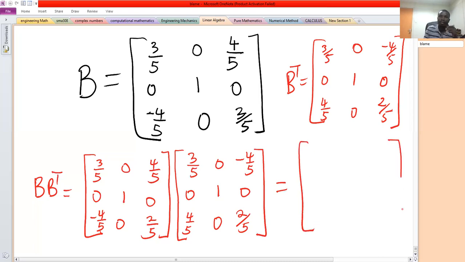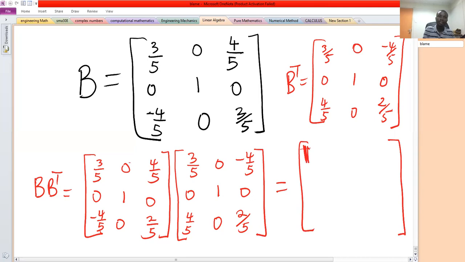Now, it's the usual multiplication of row by column. So 3 over 5 times 3 over 5, we have 9 over 25, plus 0 times 0 is 0, and then 4 over 5 times 4 over 5 is 16 over 25. Over 5 squared, which is 25. So that gives us 1.